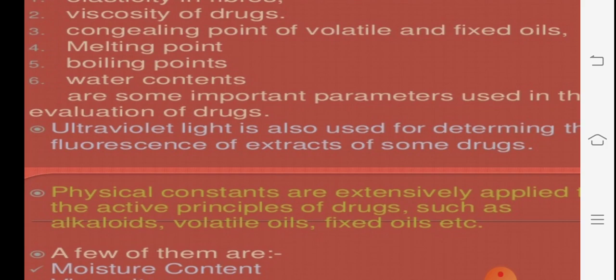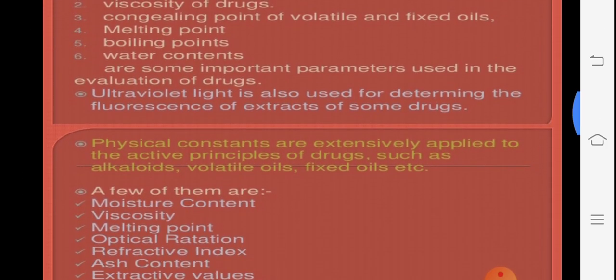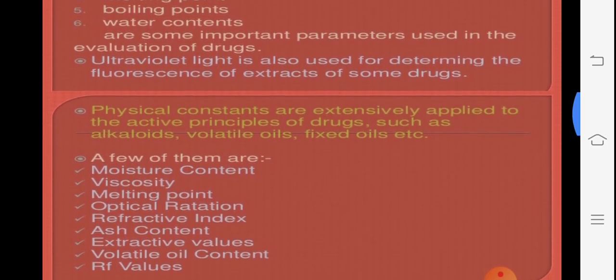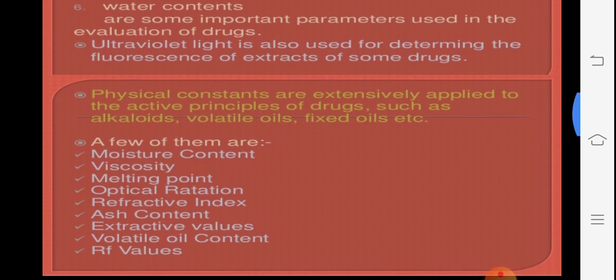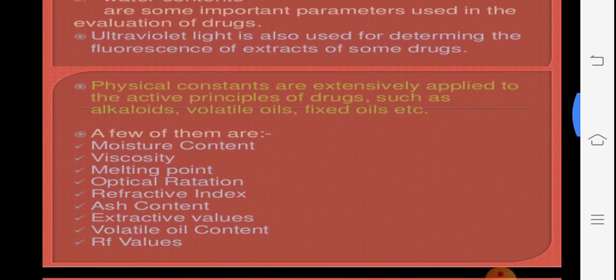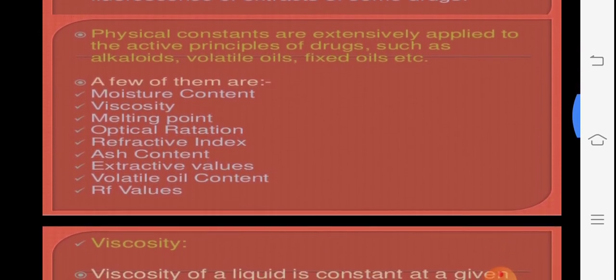Then how much water content is present in the crude drug also has to be studied. Some important measures used are ultraviolet rays and fluorescence on the extracts, which are studied for the purity of the drug.